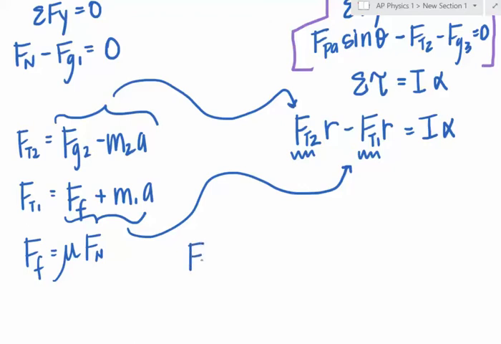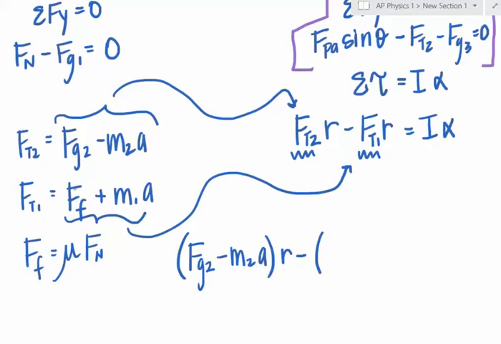So then FG2 minus M2A all times R. The most common mistake I see students make is that you get into the substitution business and you lose a letter. Like you forget the R because you're doing so much substitution. So just be careful.